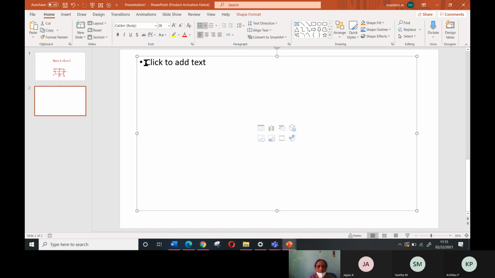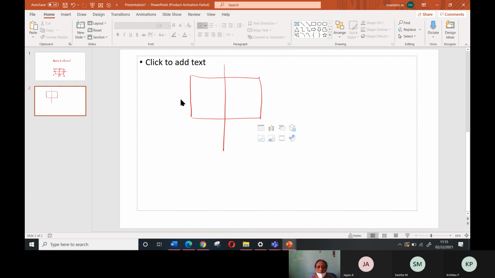So I'll make it bigger, or I'll draw here. 1, 2, 3, 4. 1, 2, 3, 4. Then I have to mark this as 5. This node as 6. This is 7, and this is 8.